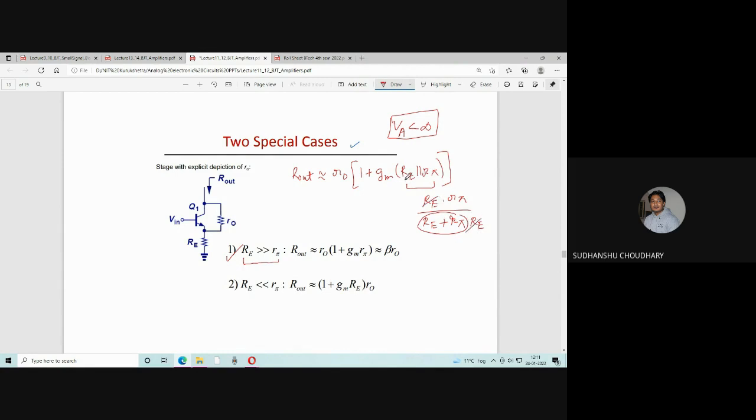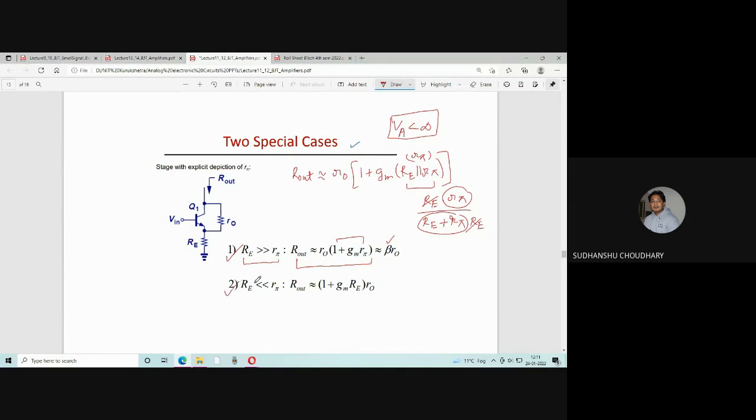We are left with 1 plus Gm R pi. So the output impedance is now equal to R naught times 1 plus Gm R pi, because we are left with only R pi. And this 1 plus Gm R pi is equal to beta. So one can write the output impedance as beta times R naught. So this is the first case.